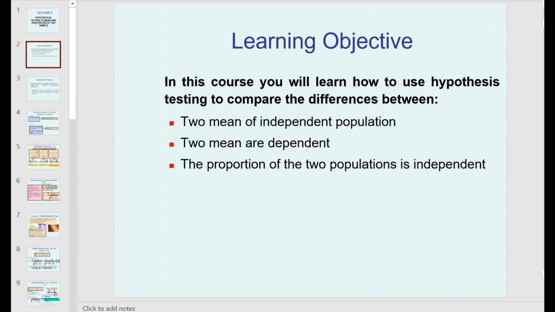The second, two means that are not independent, and what is independent we'll explain later. The third is the proportion of two independent populations.